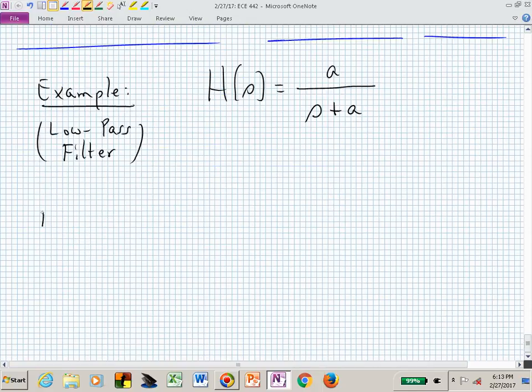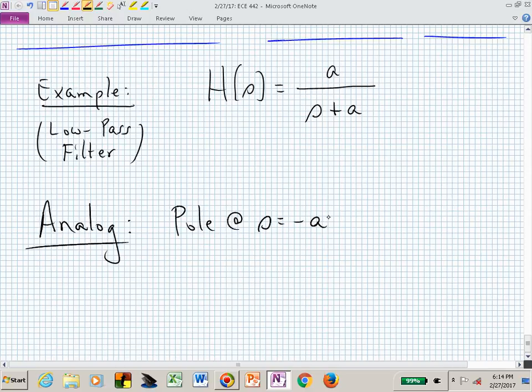Now, what do we have? We have an analog transfer function with a pole at s equals minus a. Do we have a finite zero? Do we have a finite value of s that causes capital H(s) to vanish, to become 0?